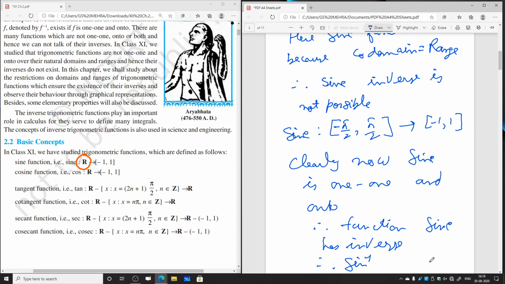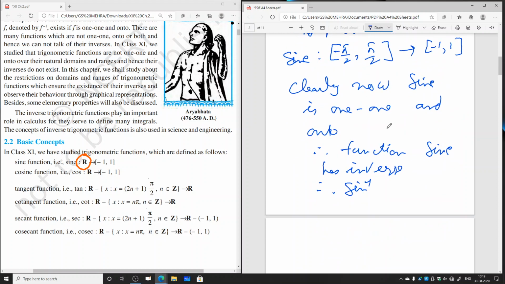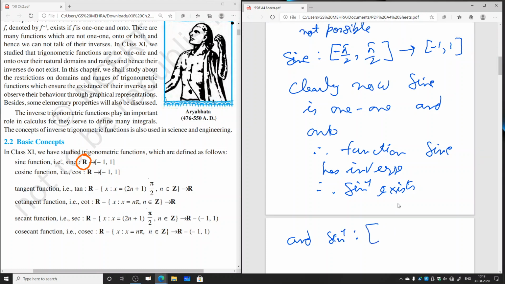Sine inverse will be a function from, we'll just interchange the codomain and the domain, so from the closed interval -1 to 1 to the closed interval -π/2 to π/2. So this is our sine inverse function.